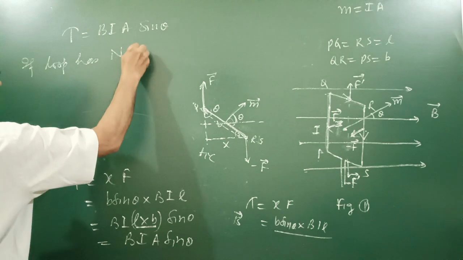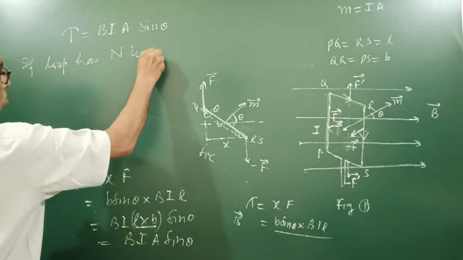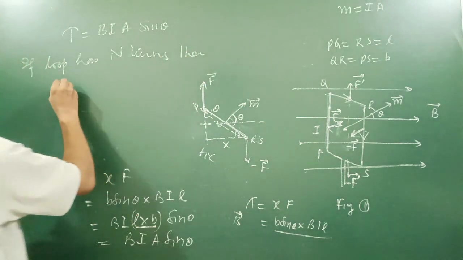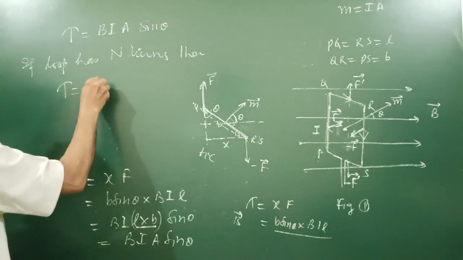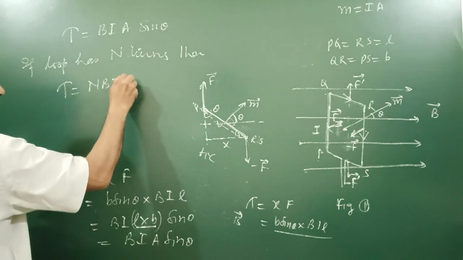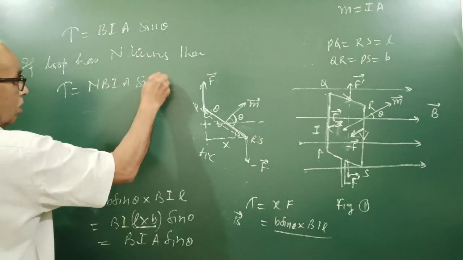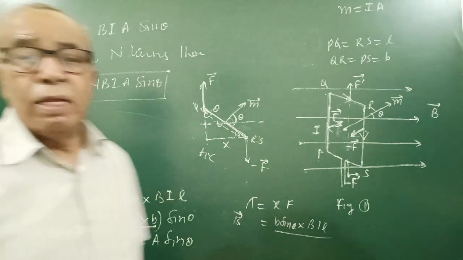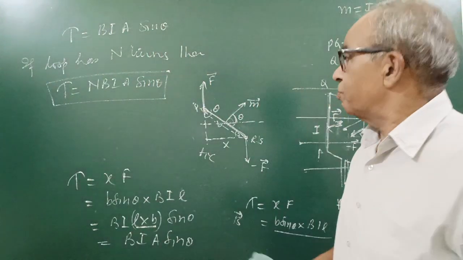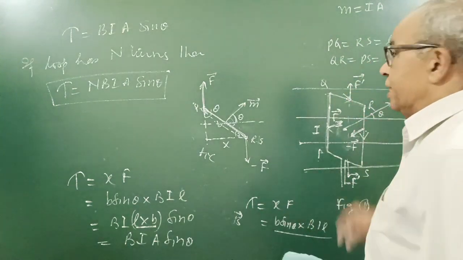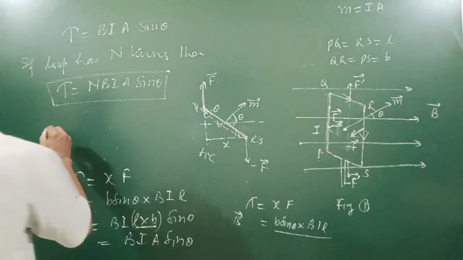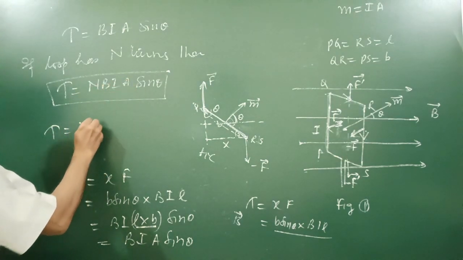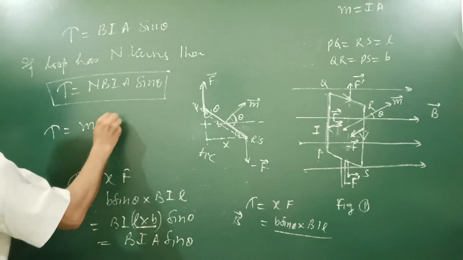If the loop has capital N turns, then tau is equal to NBIA sin theta. But dear student, remember theta here is the angle between M and B. Or you can write it as tau is equal to NIA M or B sin theta.